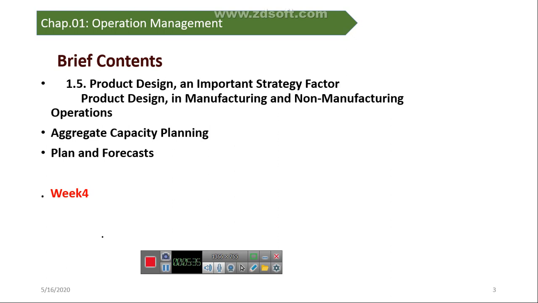In functional design: how the product performs, reliability and maintainability. Reliability is the probability a product performs its intended function for a specific length of time. Maintainability is the cost of maintaining and repairing a product.